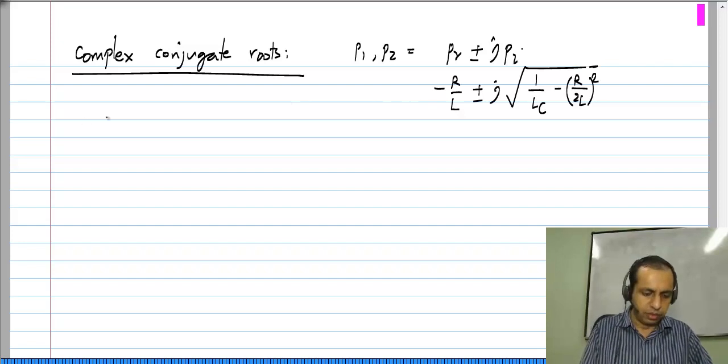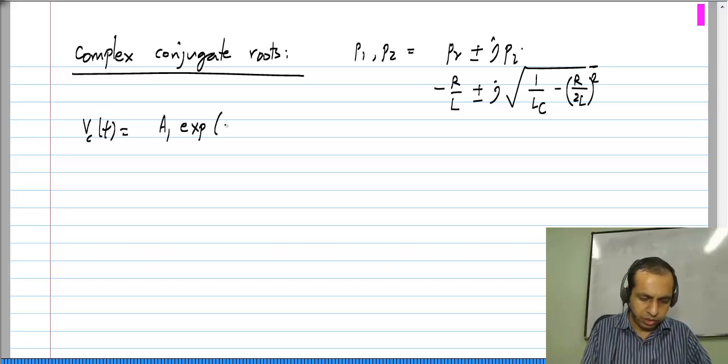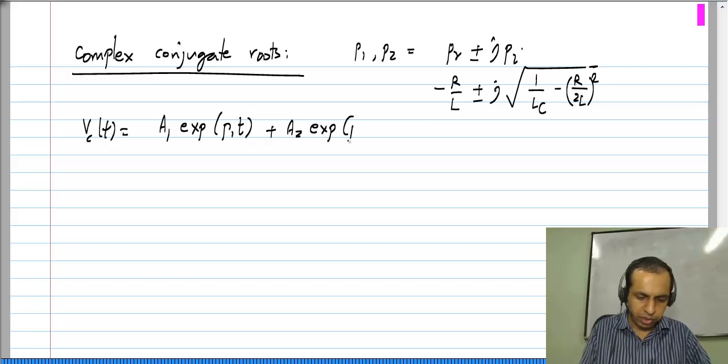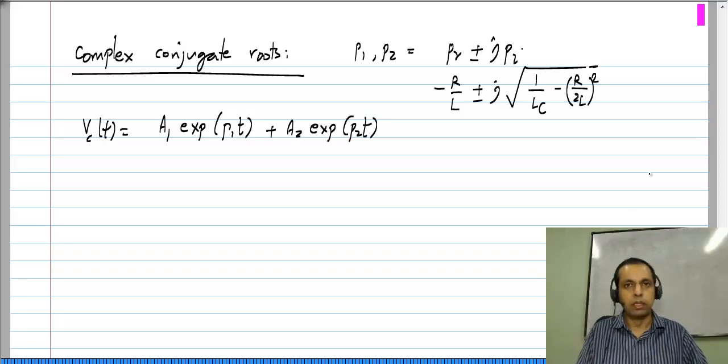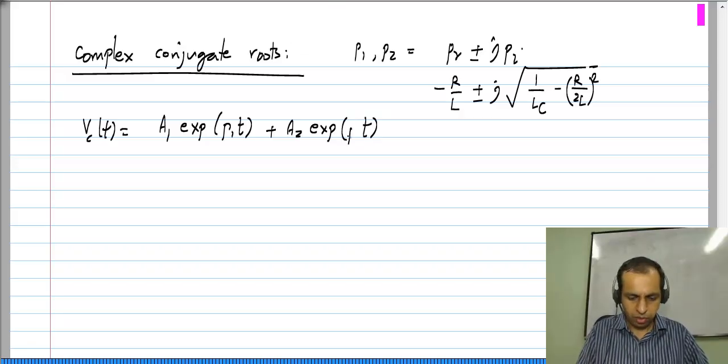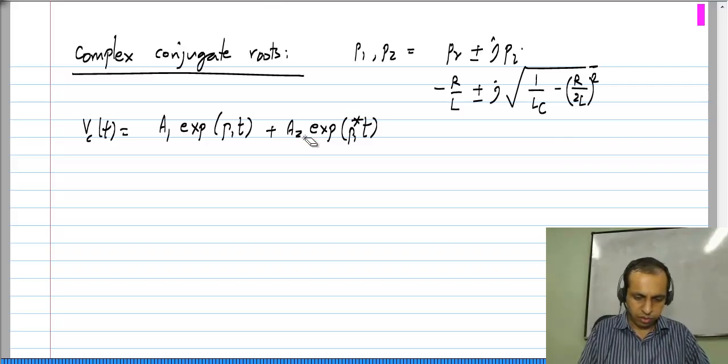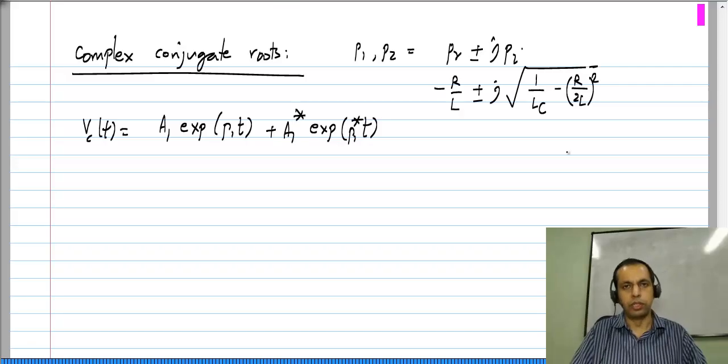So again, the response will be of the form A1 exponential P1t plus A2 exponential P2t. Now, in this case, P2 is of course P1 conjugate. So A2 will also be A1 conjugate, so that the whole expression is real.